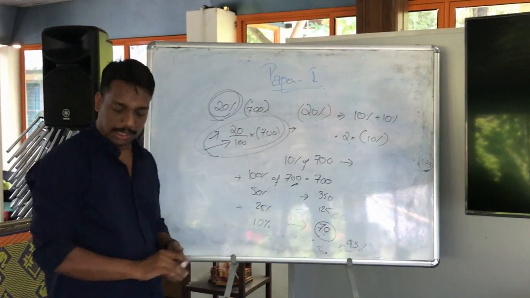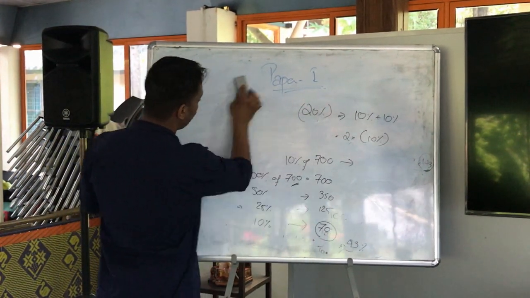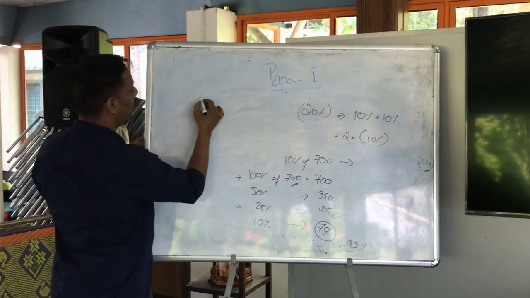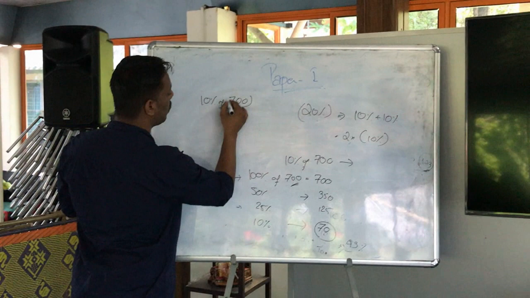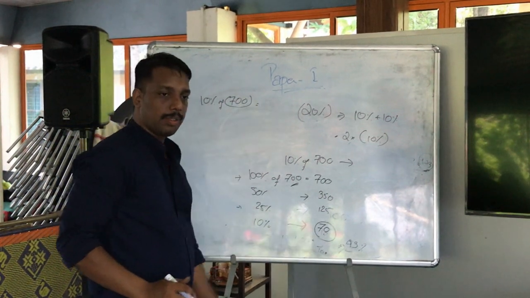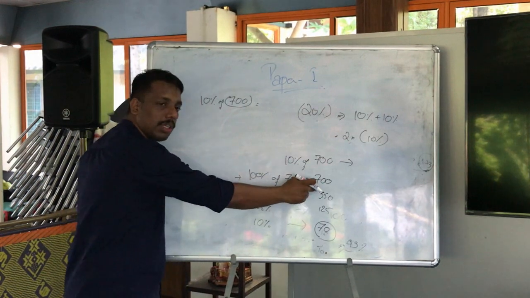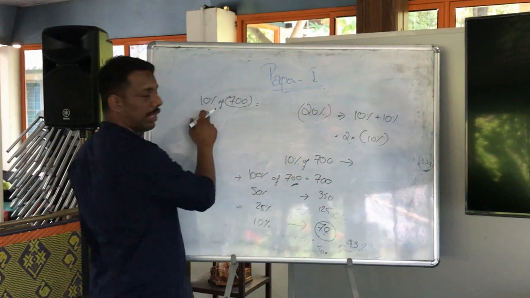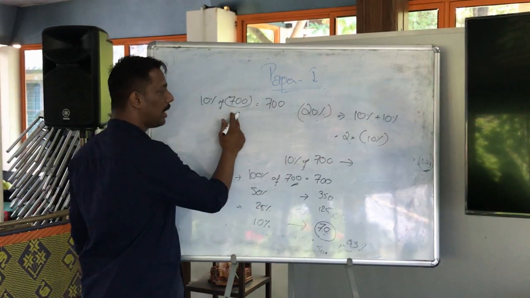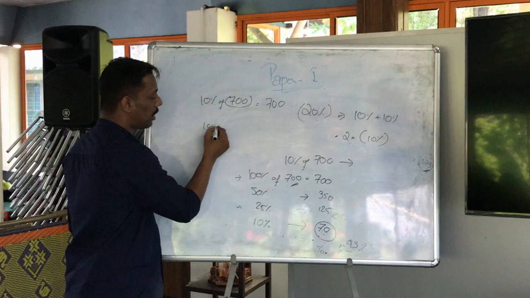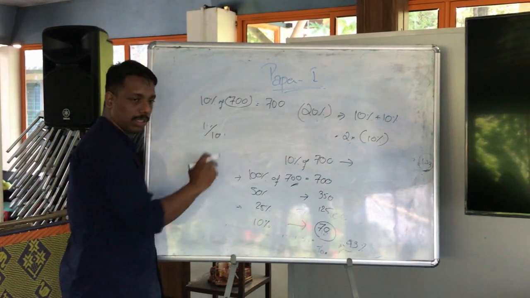How do you get 10%? 10% of 700, how did you get 70? For 100%, you know it is nothing but the number itself, 700. 10% is nothing but 10 by 100, which means 1 by 10.